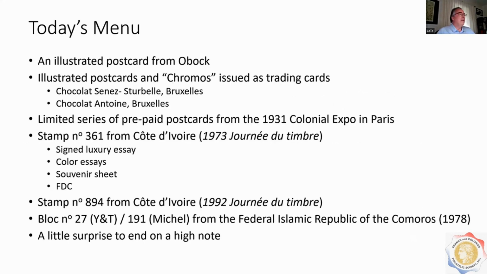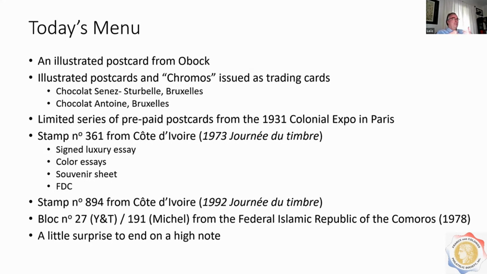And so we will go through today's menu. This is what I'm going to talk about. We'll look at some postcards from our book, illustrated postcards, what we called chromos, that were typically used in the second half of the 19th century for advertising purposes, but they were also quite collectible.